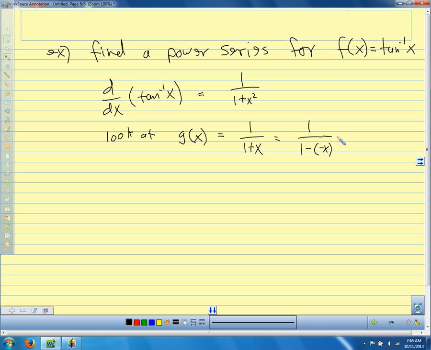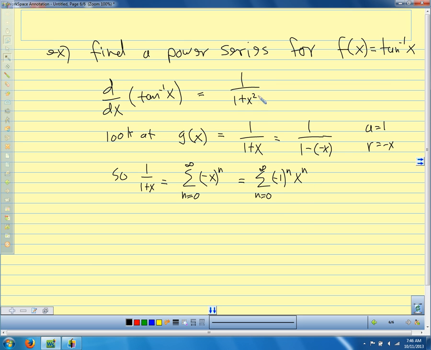Sorry, 1 over 1 minus negative x. There's the sum of a geometric series. A equals 1 and r equals negative x. So I can write 1 over 1 plus x as a power series: the sum, n equals 0 to infinity, of minus x to the n. And I'm going to rewrite that as the sum n equals 0 to infinity of minus 1 to the n, x to the n.